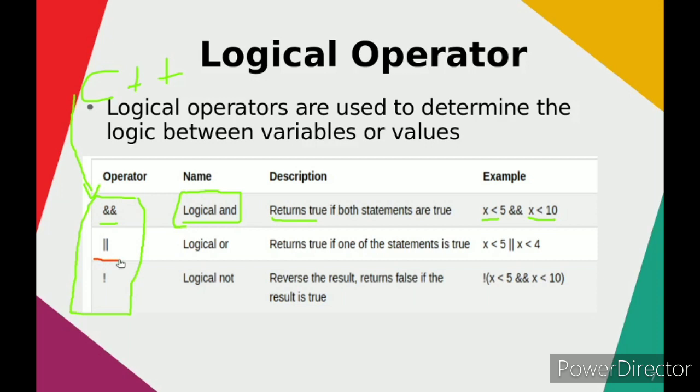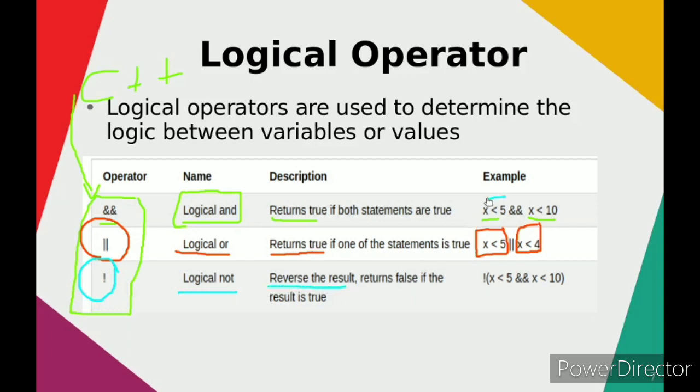And then we have something known as the logical OR, which returns true if even any one of these two statements returns true. And then we have something known as the logical NOT, which basically reverses the result.